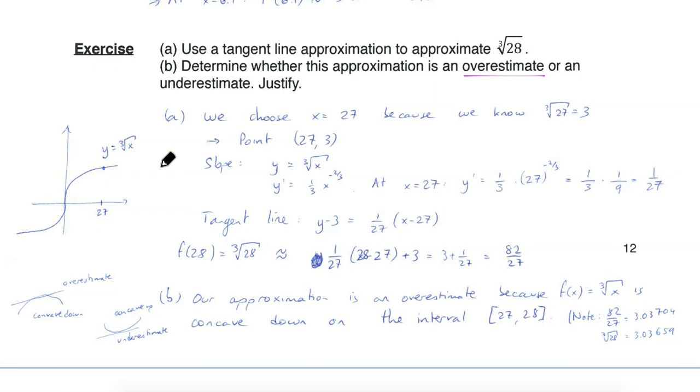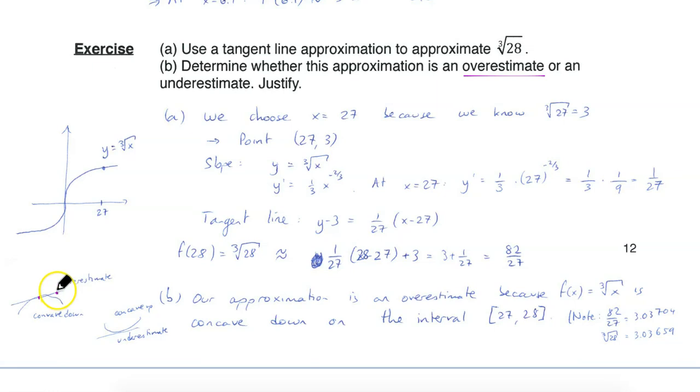Why is that important? Well, it's important because if I have a function that is always concave down, then my tangent line is always above the function, right? And that means when I made an approximation, so here we would be at x equals 27, and I calculated the value of the tangent line for x equals 28, I am actually above the function itself.